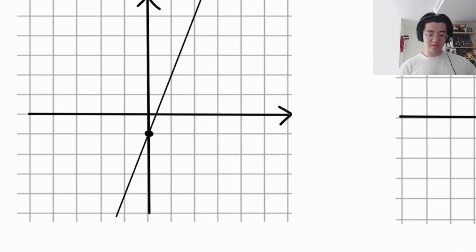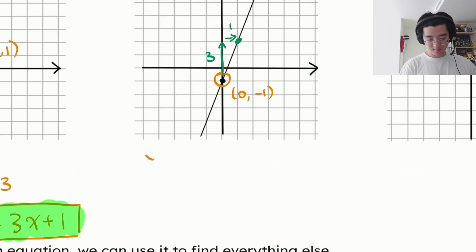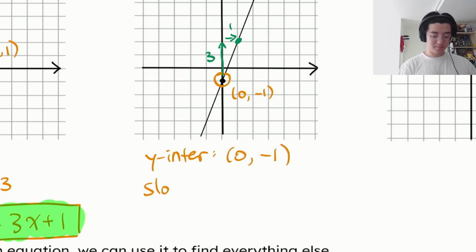Okay, let's try another one. Right here, the intercept is -1, so 0, -1. Find another point. Right, we go up by 3 here, and once again, we went to the right by 1. So here's the y-intercept. Slope, exact same thing, right?